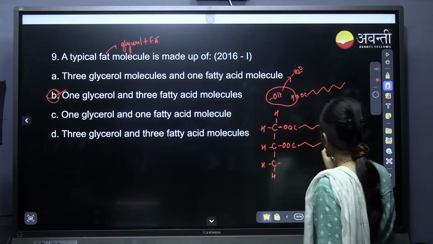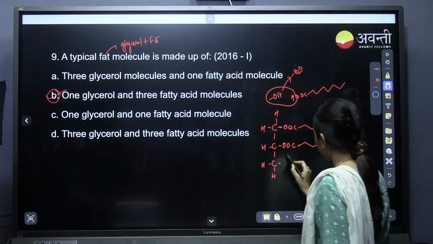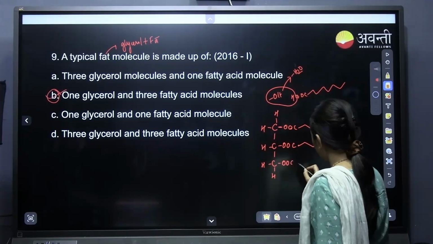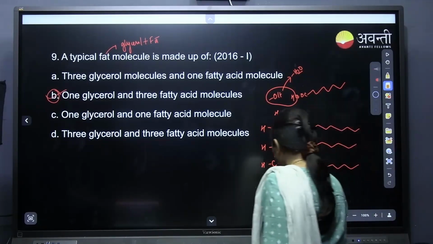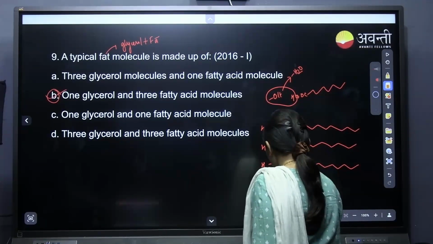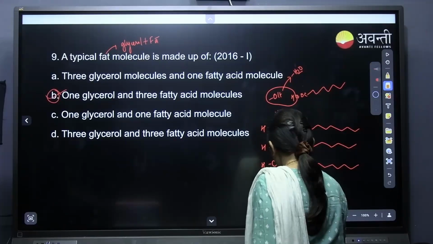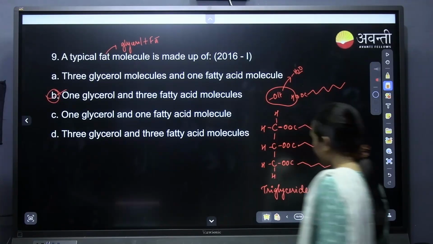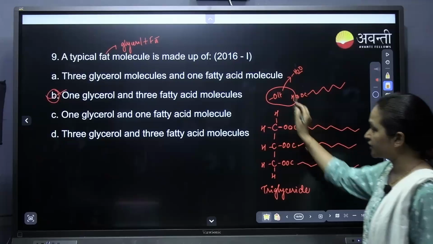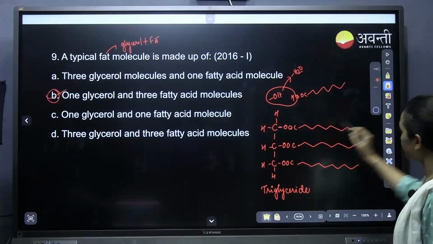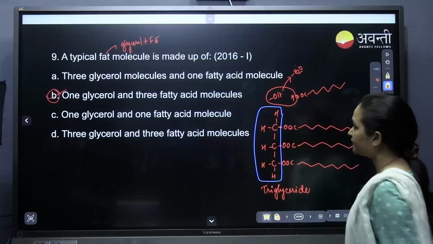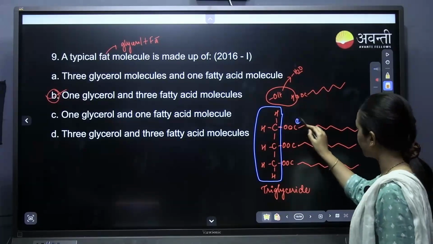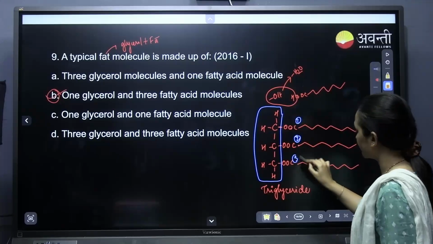So a typical fat molecule has a long chain of fatty acid. This is the triglyceride. If you see, there is one glycerol molecule, and we have 3 fatty acid molecules. This is one fatty acid, second fatty acid, third fatty acid.